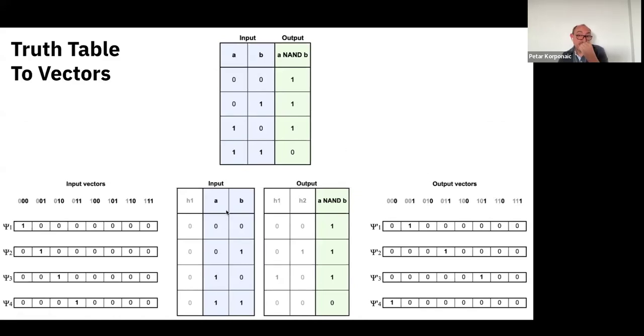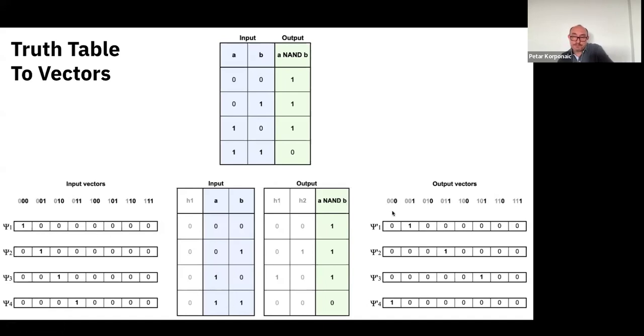This first row, 0, 0, we encode into a vector, which is also the 0 state, element 0. Element 0 is 1. All other elements are 0. Now 0, 1: element 1 is 1. And so on. And 1, 1 is 3 in decimal, so element 3 is 1. This is how we encode each of these possible inputs into vectors.